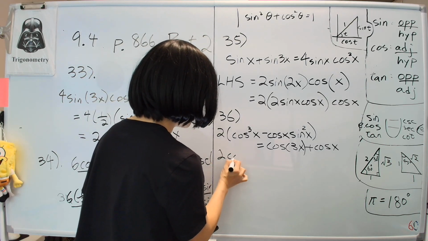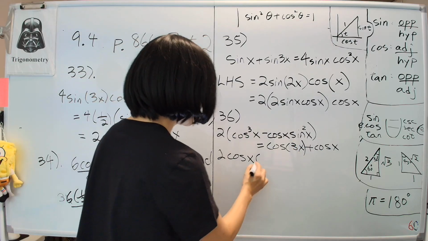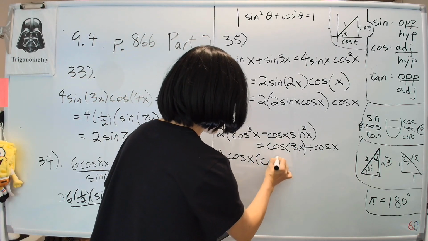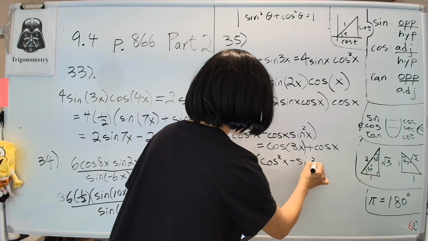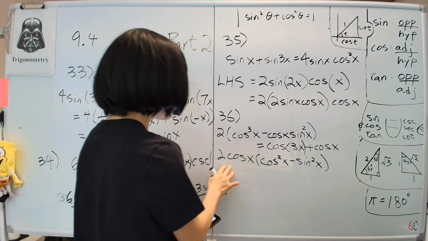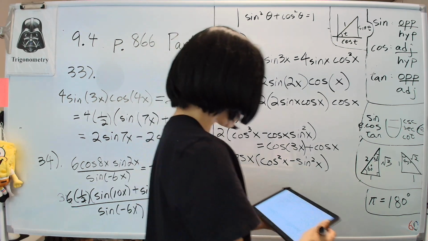So we'll have 2 cosine x, okay, I factor 1 cosine out. So we have cosine squared x minus sine squared x, and that is the top side. Now cosine squared x minus sine squared x sounds familiar.